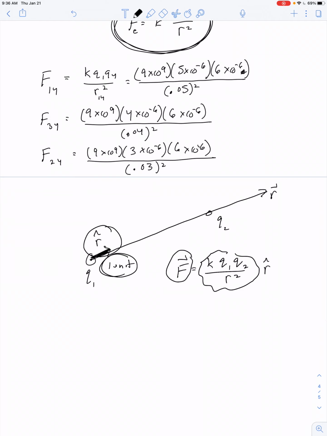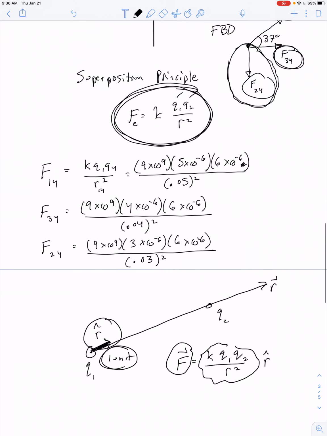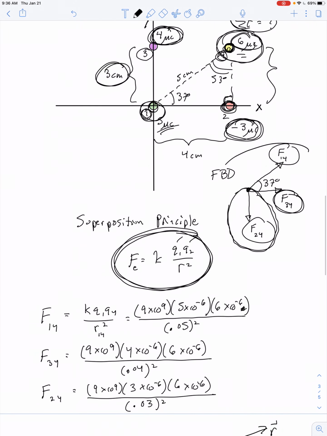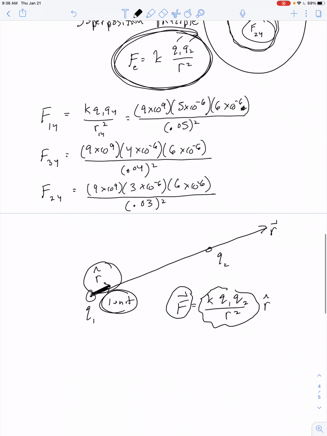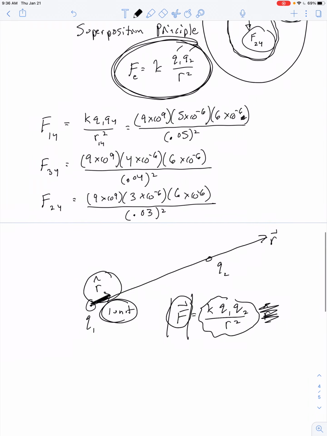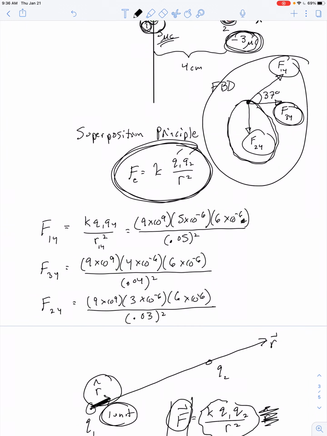Okay, so that's the full form of Coulomb's law, but often we're really not so interested in the direction. We can take care of that just by graphically drawing forces in a free body diagram. So if I just want the magnitude of this, then I don't have to concern myself by multiplying it with the vector r hat. Okay, in any case, grab a calculator and let's see what we get for each of these quantities.